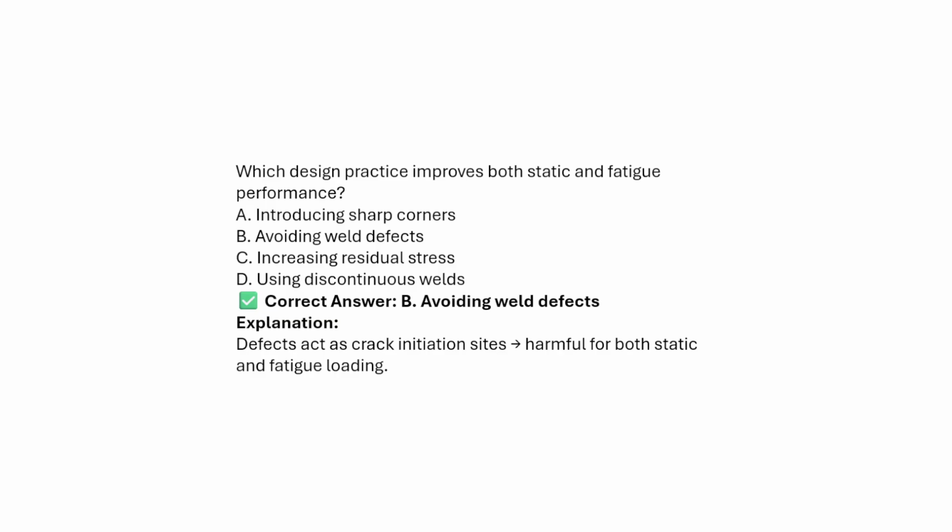Which design practice improves both static and fatigue performance? Option A, introducing sharp corners. Option B, avoiding the weld defects. Option C, increasing the residual stresses. Option D, using discontinuous welds.